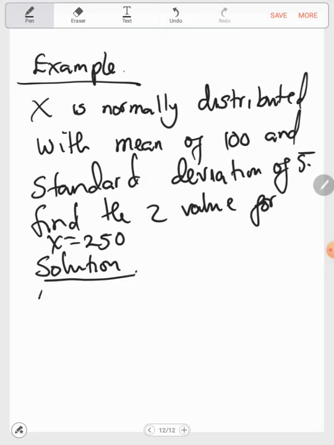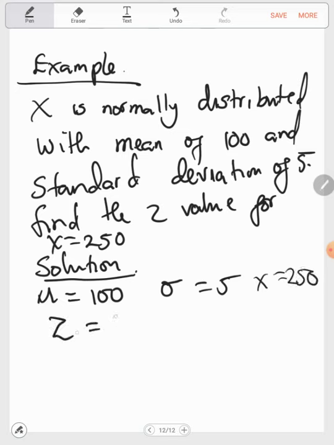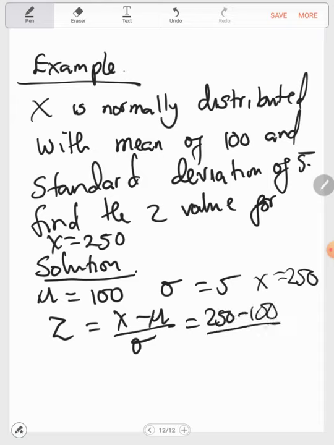Okay, so let's solve this. Here we are given that the mean, mu, is 100 and the standard deviation is 5. X is given as 250. Therefore z, which is equal to x minus mu over sigma, will now be 250 minus 100 over the standard deviation.